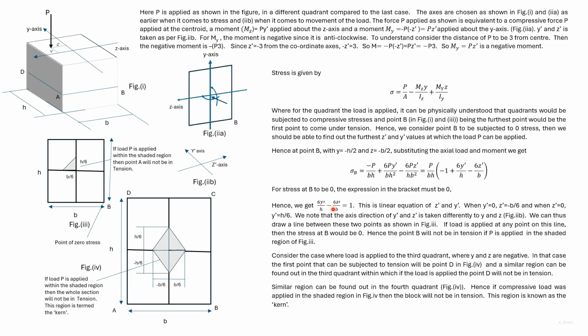Substituting y dash is equal to 0, we get z dash is equal to minus b by 6. And substituting z dash is equal to 0, we get y dash is equal to h by 6. So we have plotted minus b by 6 and h by 6. Since this is an equation of a straight line, we have joined these 2 points using a straight line.